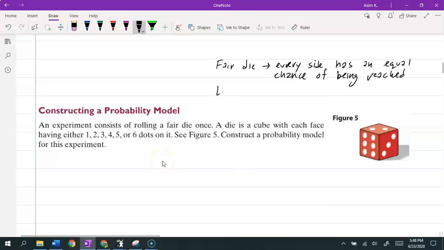If it's a loaded die, because this is in your homework, so you might be like, what does this mean? When something is loaded, basically not every side has an equal chance of being reached, right? It could be possible that somebody shifted the weight inside of the dice. And yes, you can do that. Inside of the die, you can shift the weight so that the number 3 doesn't really show up much.